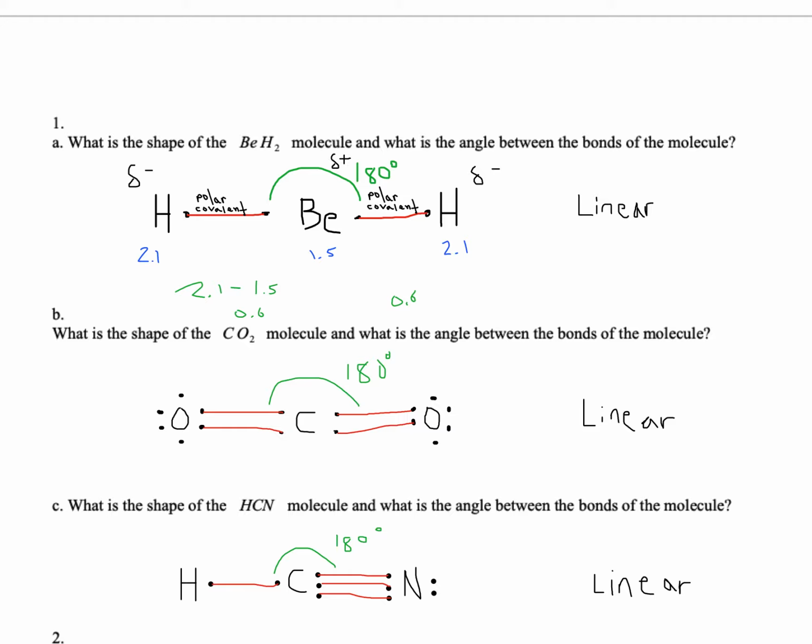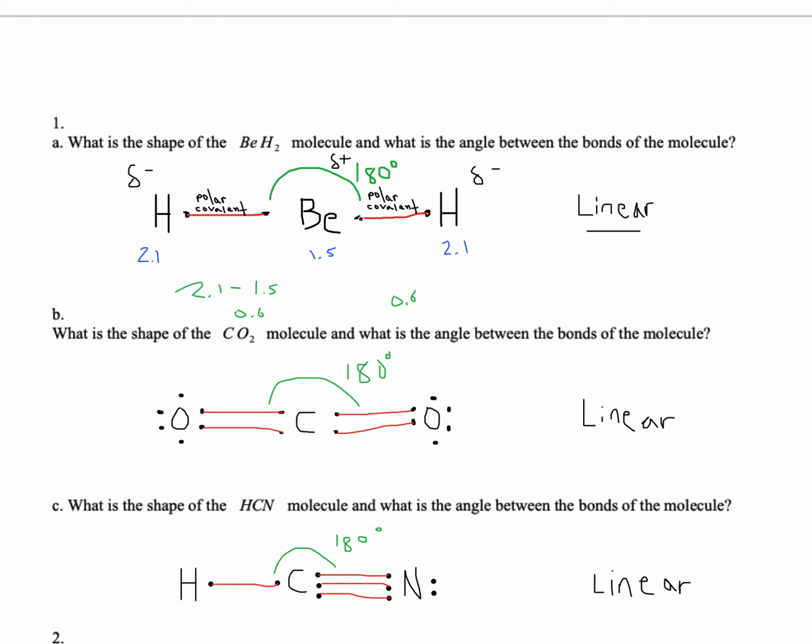Now, after doing that, we have to decide what is the overall polarity of this molecule. And we want to take into account the geometry that we had looked at recently in our past analysis. In the past analysis, I said that this molecule would be considered linear.